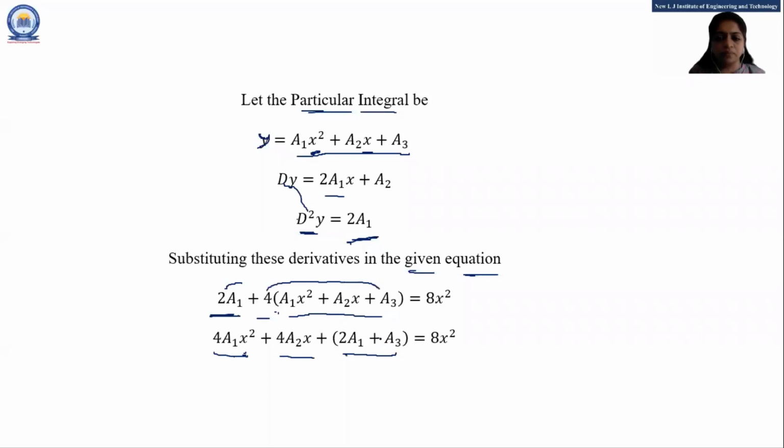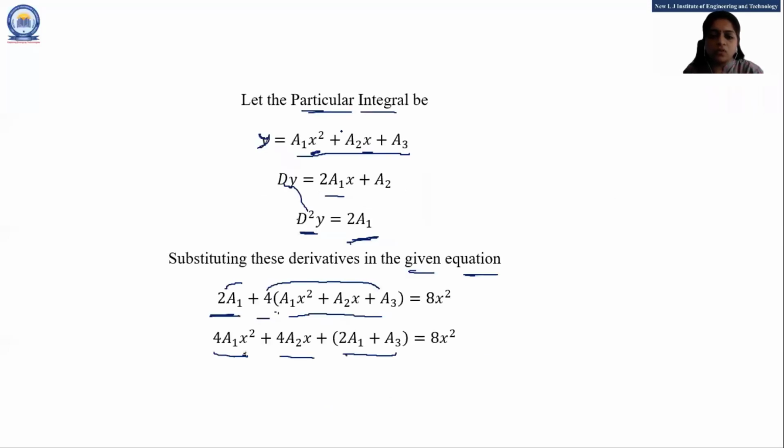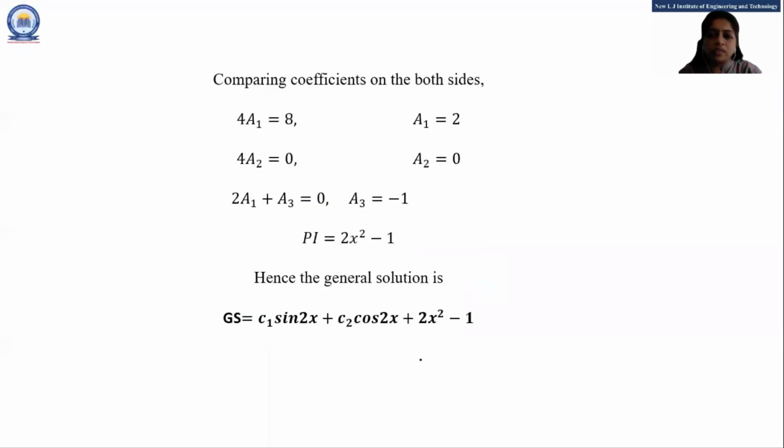Got it, everyone? Okay. So if I compare both the sides, by comparing coefficients on both sides, see what is the coefficient of x square on the left hand side. The coefficient of x square on the left hand side is 4a1, and the coefficient of x square on the right hand side is 8. So 4a1 is equal to 8, right? So a1 is equal to what? 2.